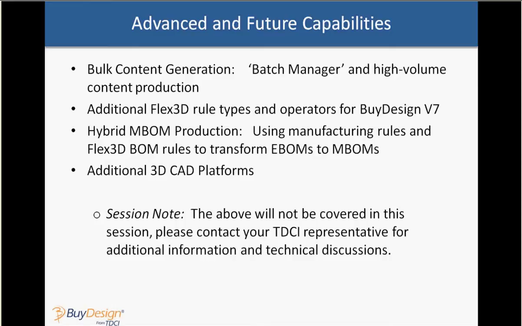So we're taking these concepts and putting direct rules inside the configurator to keep building out what we can do. And based on some of those things, we can do some very advanced MBOM production. It allows us to use manufacturing rules and Flex 3D to create complex MBOMs and do things like kitting parts, and really reduce the amount of rules as well as the complexity in the CAD models.